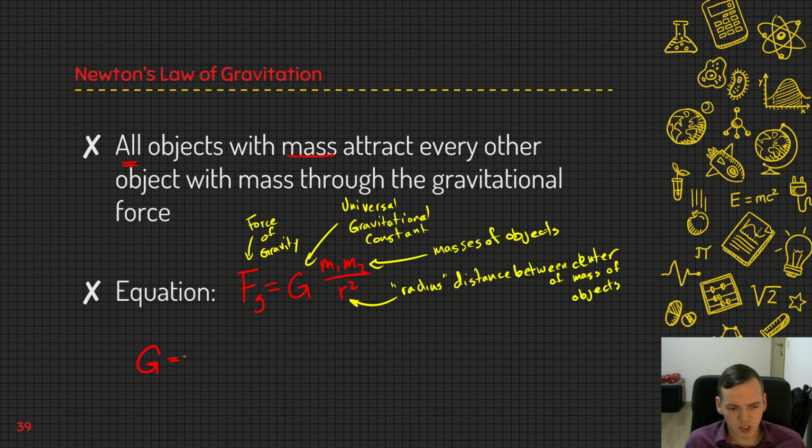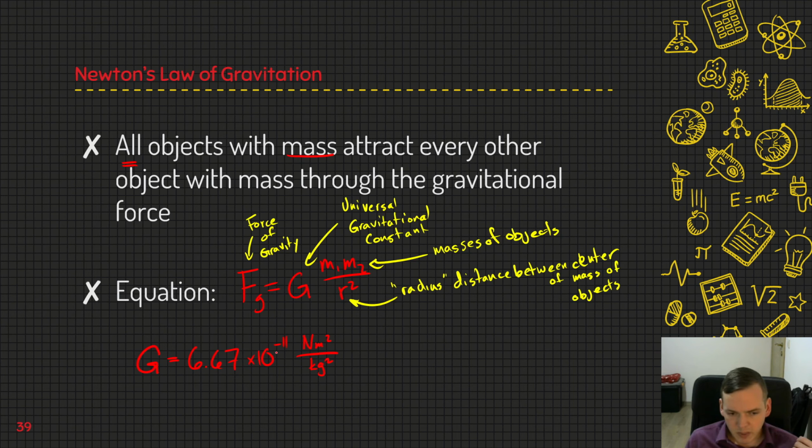That value of big G here is 6.67 times 10 to the negative 11th newtons times meters squared per kilogram squared.